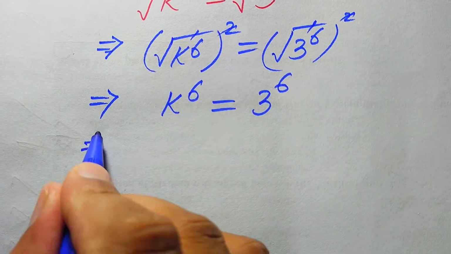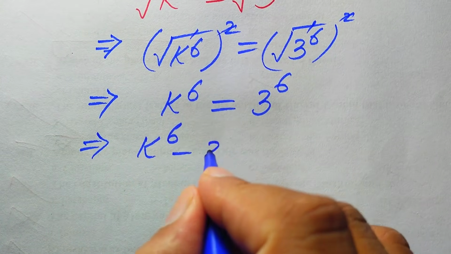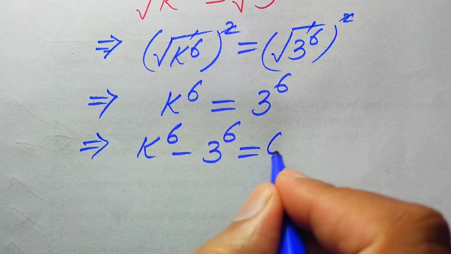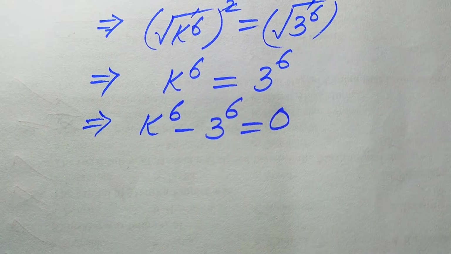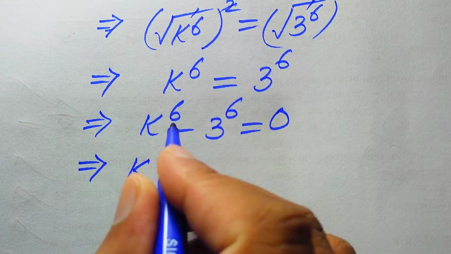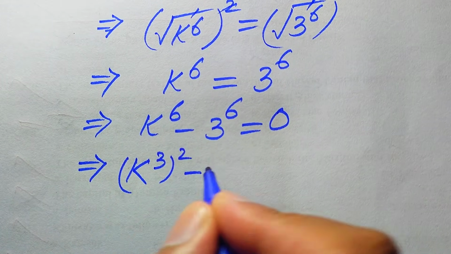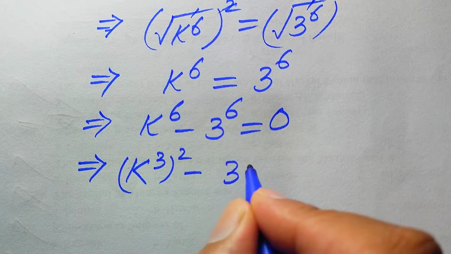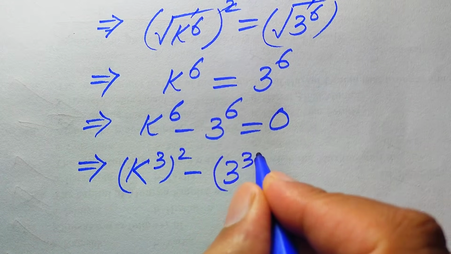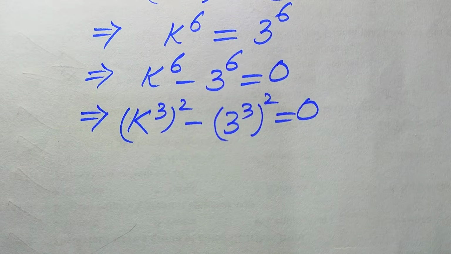So we move the term 3 to the power of 6 from the right hand side to the left hand side, and we get k to the power of 6 minus 3 to the power of 6 equals 0. We rewrite this equation: we write k to the power of 6 as k cubed whole square, minus 3 to the power of 6 as 3 cubed whole square, equals 0.